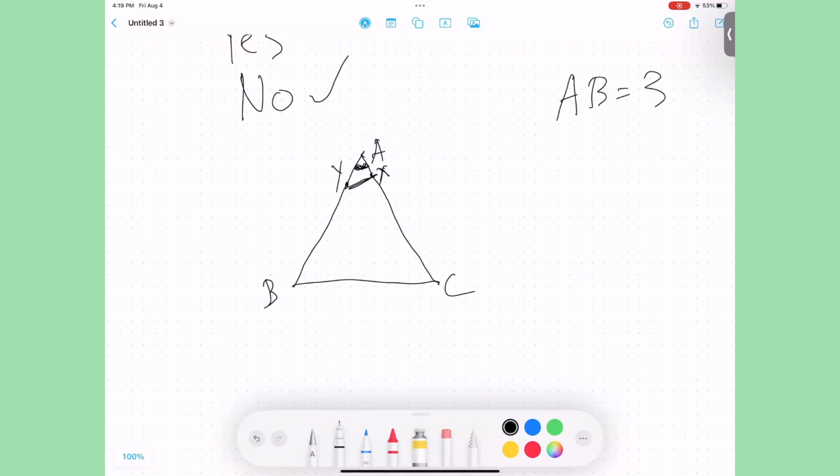And also, if you place this point Y really close to A, the perimeter obviously is really, really small, right?